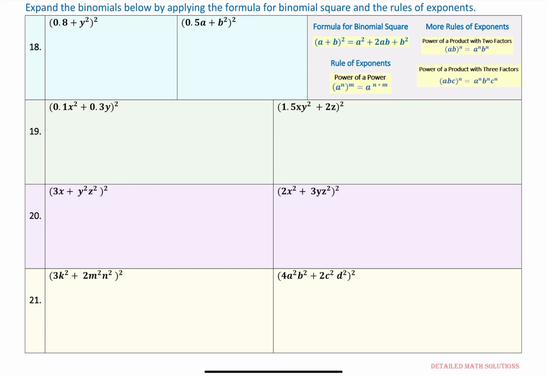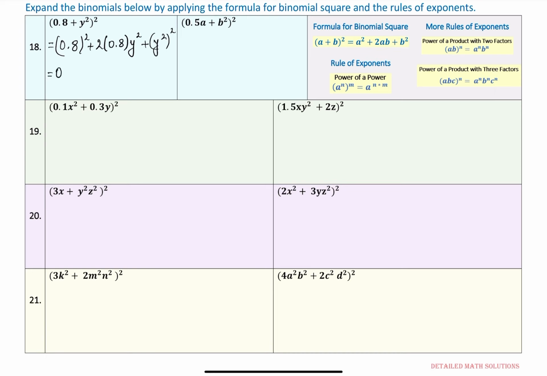Therefore, this equals first term squared, 0.8², plus 2 times first term, second term, 2 times 0.8 multiplied by y², plus (y²)².